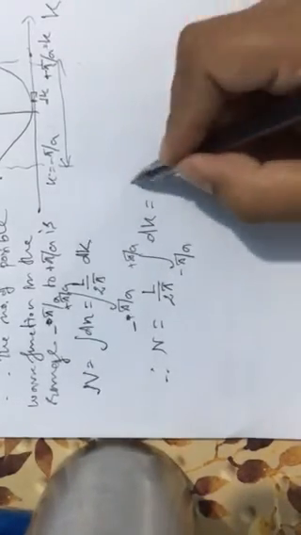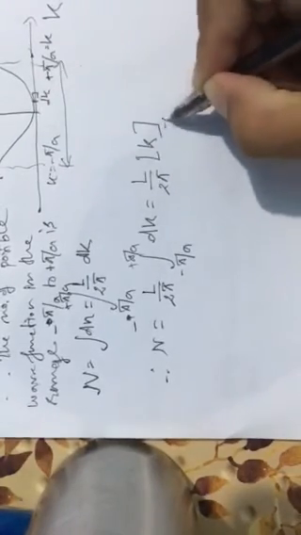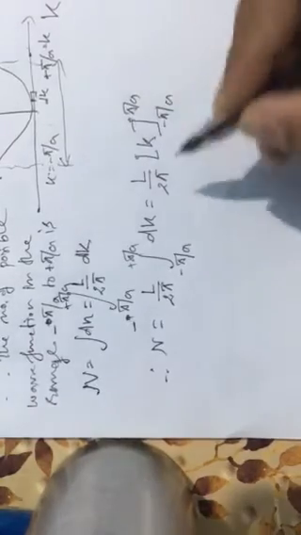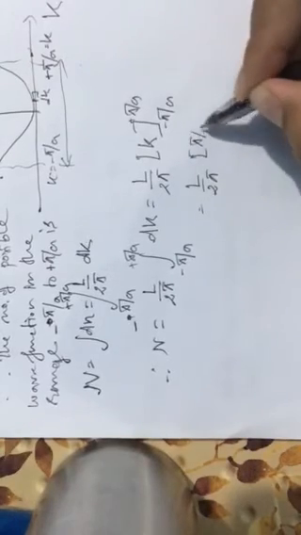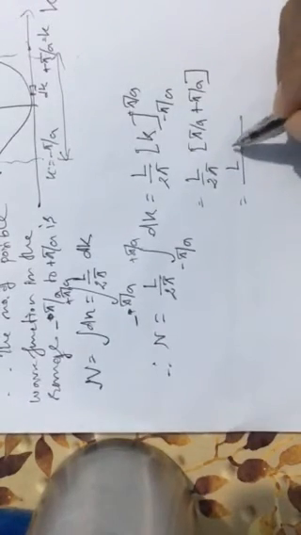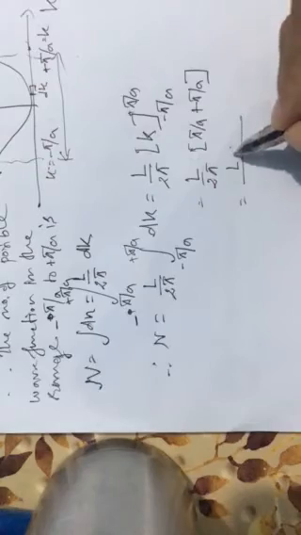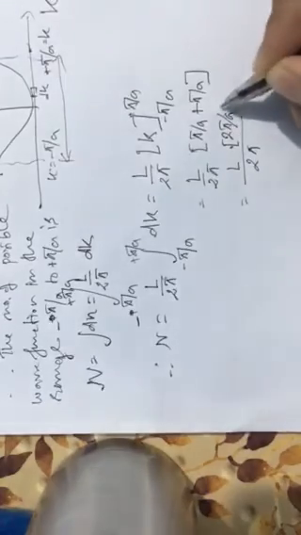Because L is constant, N is equal to L by 2 pi times the integral of dk, which is k from minus pi by a to pi by a. So pi by a minus minus pi by a, double minus makes it plus, so it will be L by 2 pi into 2 pi by a, right? So 2 pi will go, so it will be L by a.